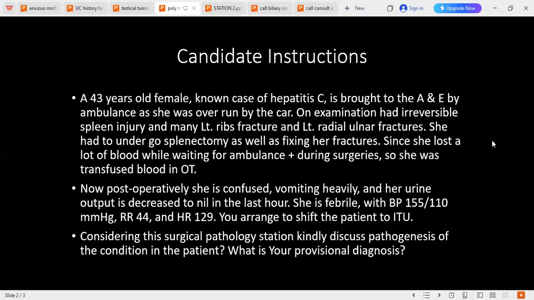How would you test the extrinsic pathway? The extrinsic pathway is tested by activated partial thromboplastin time. Prothrombin time, sorry: extrinsic is prothrombin time, intrinsic is APTT. All right.